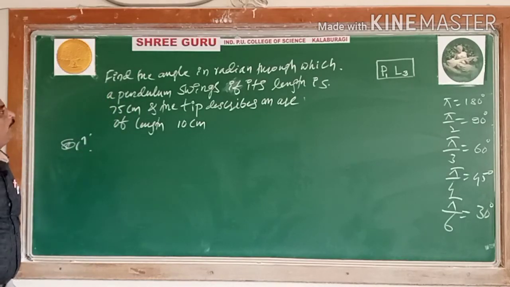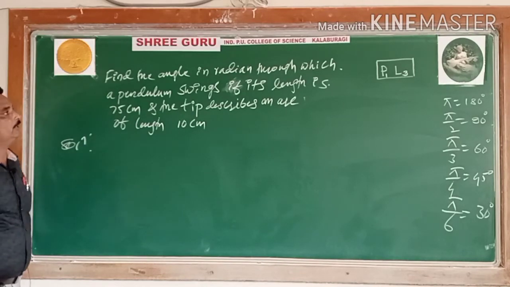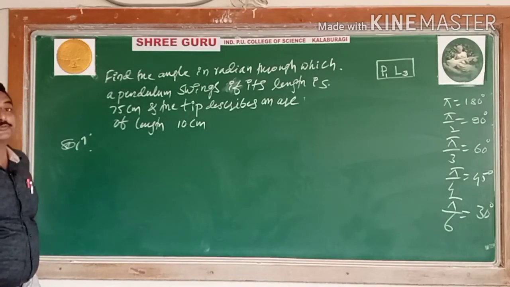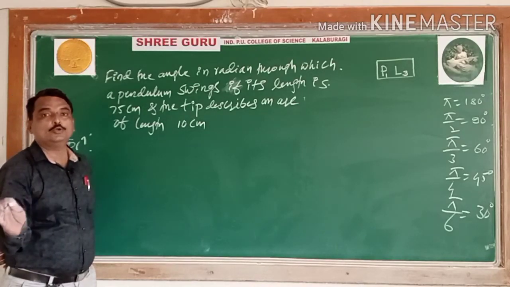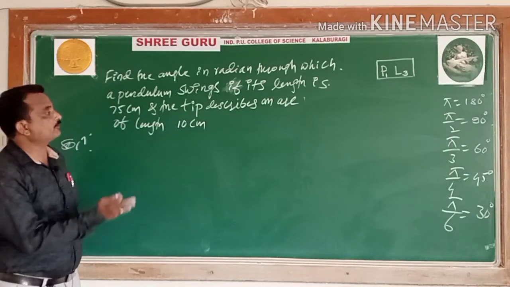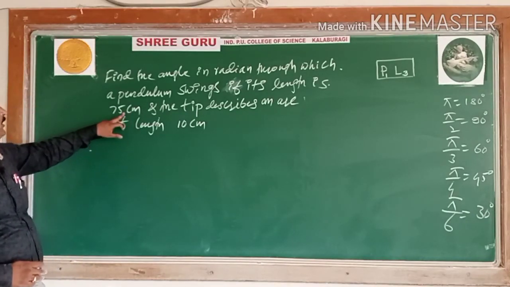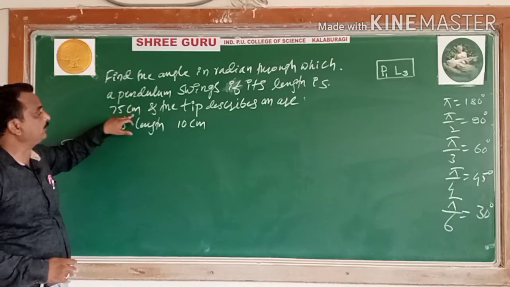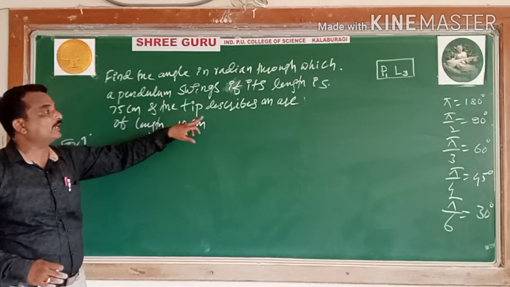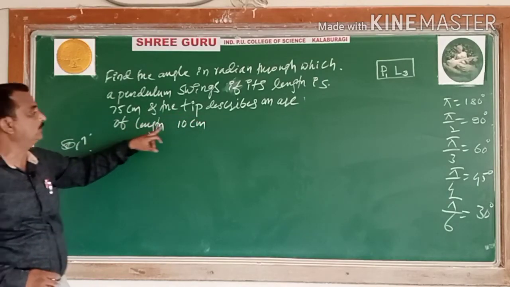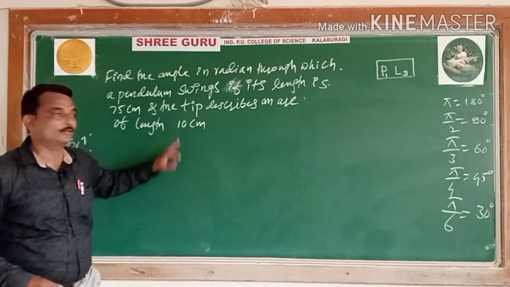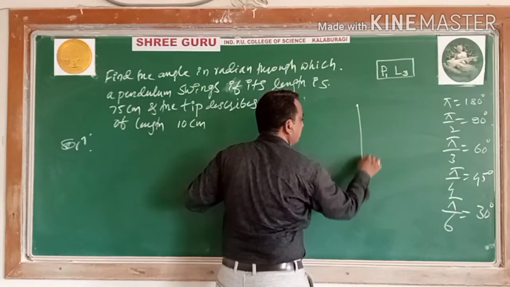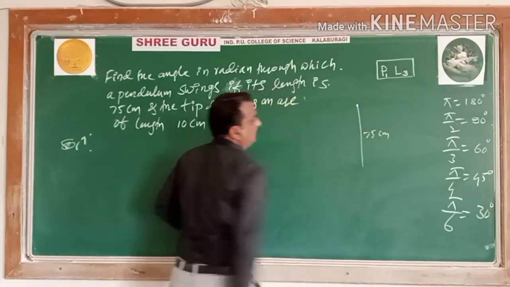Find the angle in radian through which a pendulum swings, if its length is 75 centimeter, and the tip describes an arc of length 10 centimeter. Suppose this is a simple pendulum. The length of the pendulum is 75 centimeter.